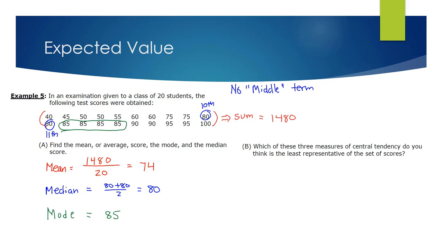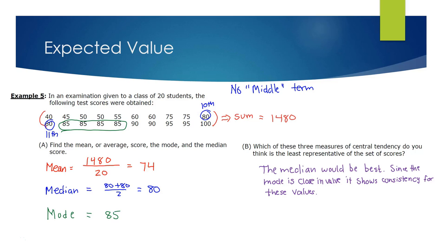Which of these 3 measures of central tendency do you think is the least representative of the set of scores? Okay, so when I look at these 3, what's the best measure of central tendency? Well, typically the median is the best. We're not asked for what the best is, because you are looking for the one that's in the middle.